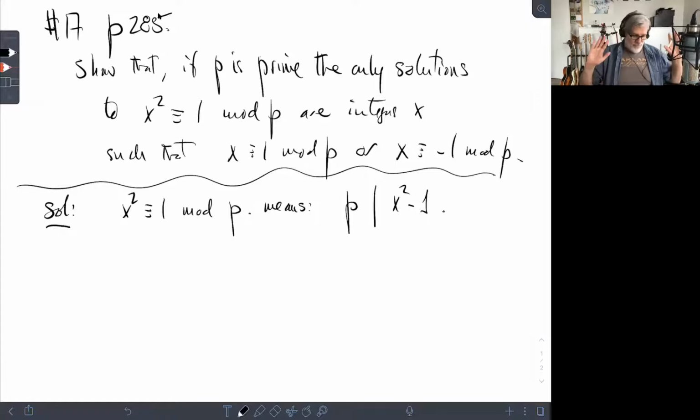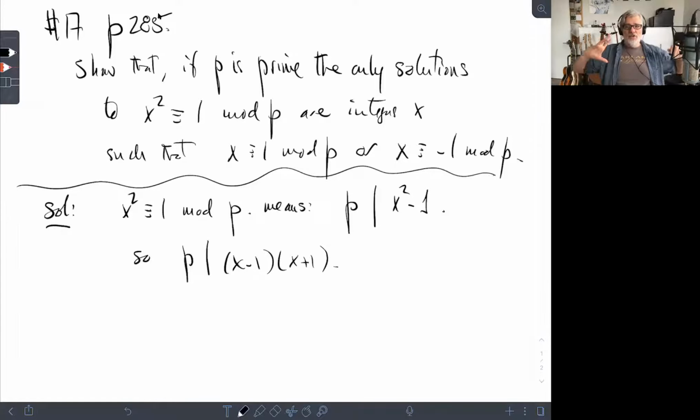Because there are two things here. You see x squared - 1, and I'm guessing it's almost automatic that you see (x - 1) times (x + 1). So this first step is almost immediate. So p divides (x - 1) times (x + 1).